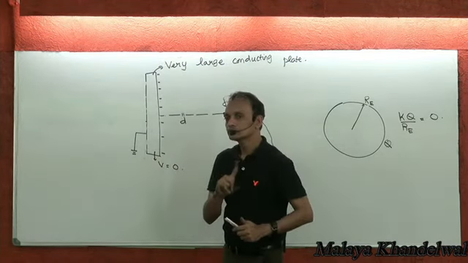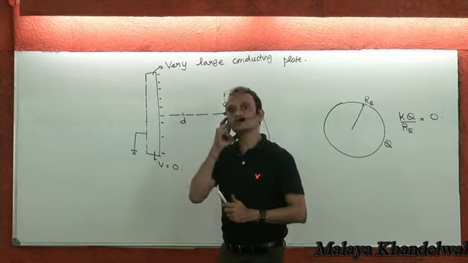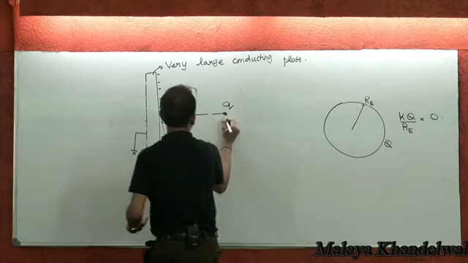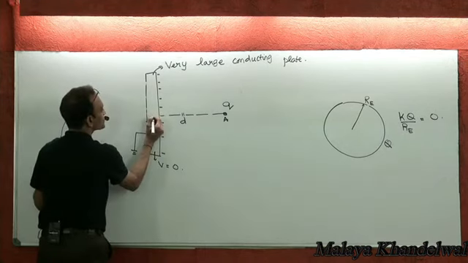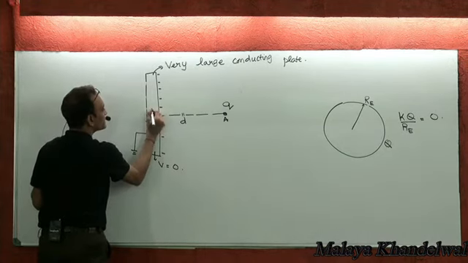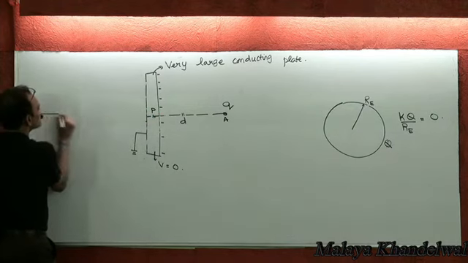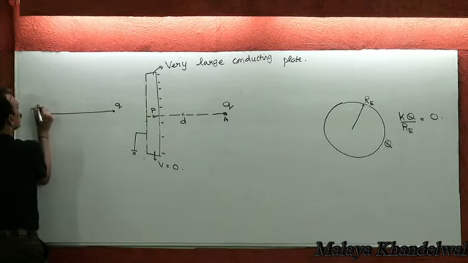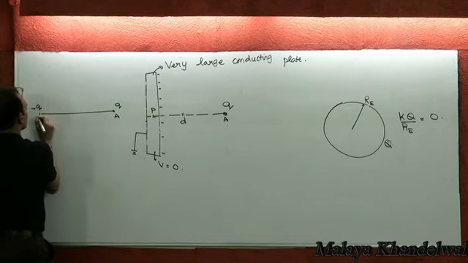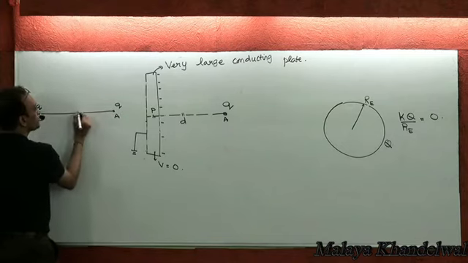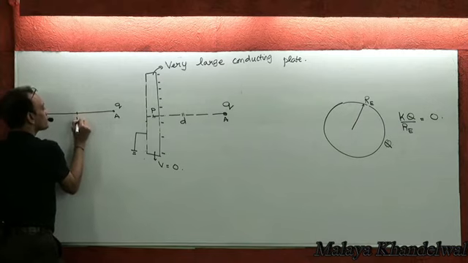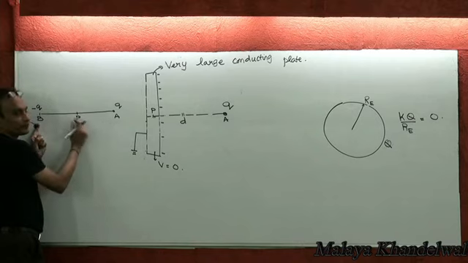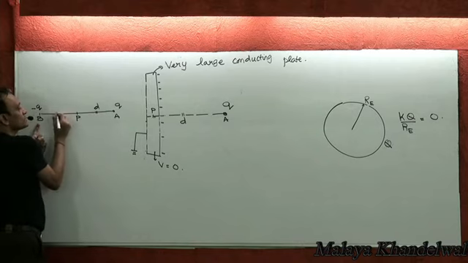Now, this is the result that I want to tell you. This system is actually equivalent to, let's say this is the point P where the plate is kept, a charge q at A and a charge minus q placed at B, where A and B are mirror images of each other about P. This is d, this is d.